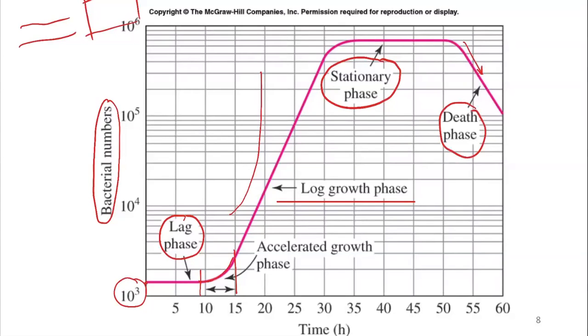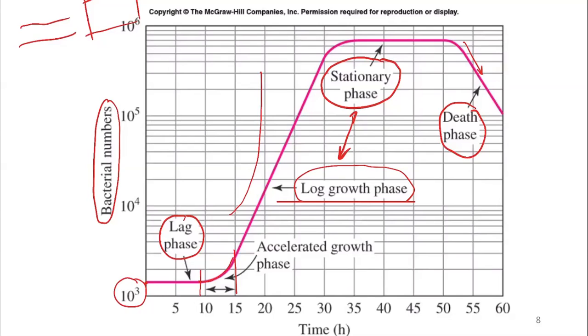So if I ask you which phase we should use to treat our wastewater, so what amount of bacteria should we provide to the wastewater? We should choose either the log growth phase or the stationary phase, right? Because these are the conditions where we can have the maximum amount of bacteria to help us remove the pollutants.